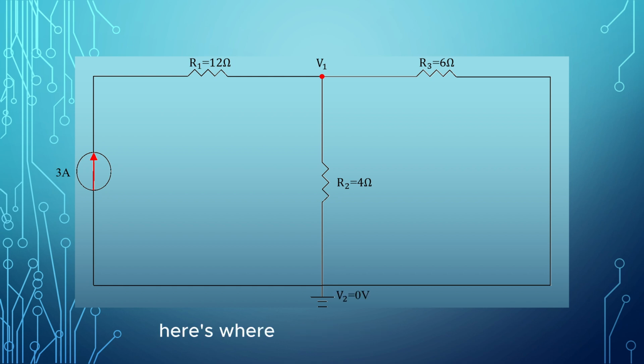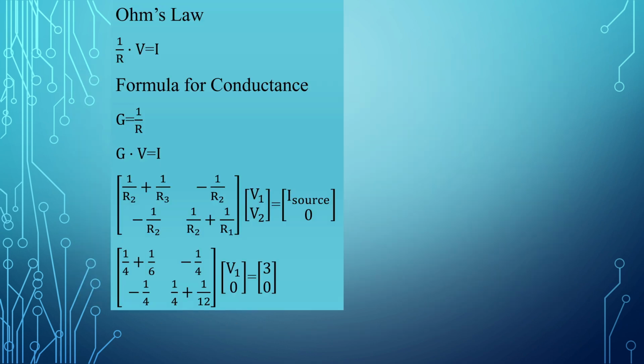Next, here's where the linear system comes in. The equation GV equals I can be obtained by substituting the formula G equals 1 over R into Ohm's law, which gives 1 over R times V equals I. This equation represents the relationship where G is the conductance matrix built from resistor values.